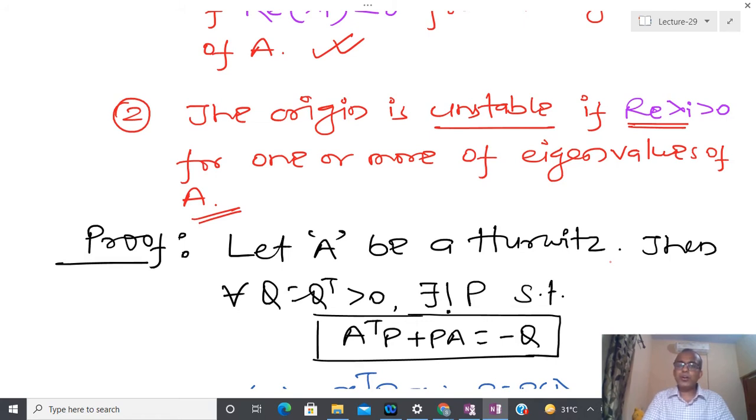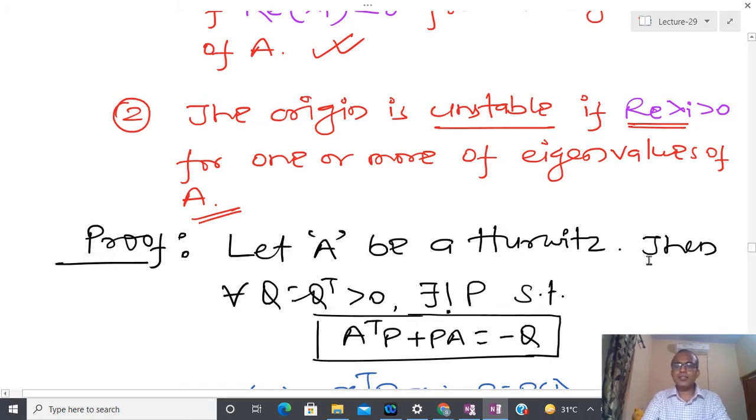The linearization technique only works in a very small neighborhood of the equilibrium point, and to what extent that neighborhood can be extended is given by the relation on g(x). If g(x) satisfies the bound with gamma and the norm of x, and at the same time x is less than r, then only in that particular region can I talk about this kind of stability theory.